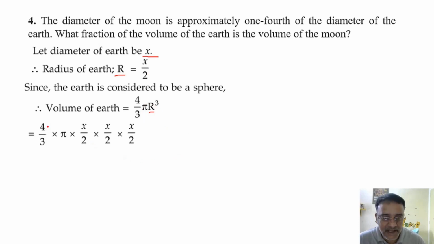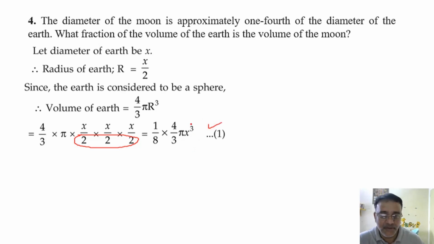Okay, so 4 we can cancel here. Otherwise, wait, don't cancel 4, this will become 8 in total. See, so we'll take 1 by 8 outside. 1 by 8, 4 upon 3 pi x cube. Let it be equation number 1. Because this will help us when we'll take the fraction. Whether this is clear? Yes, sir.